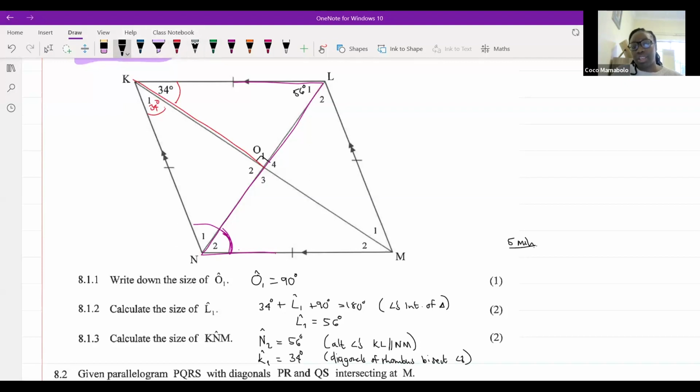I can use that information to find N1, because I know that O2 over here is 90 degrees. Therefore N1 will equal 56 degrees because of interior angles of a triangle.